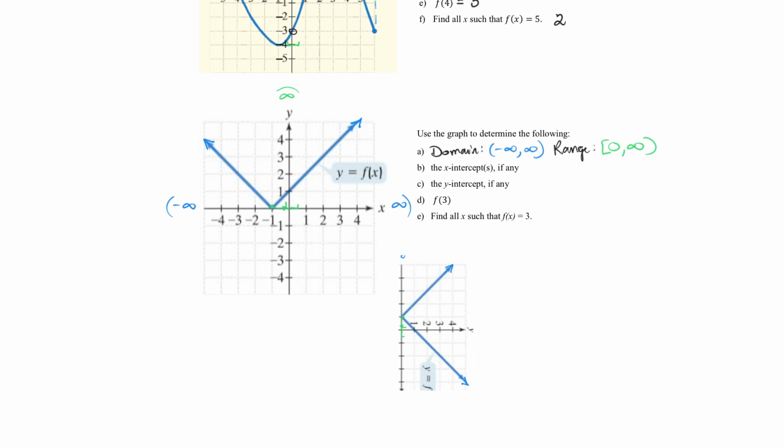X-intercepts, if any, there's one x-intercept at -1. Y-intercepts, if any, there's one y-intercept at +1. F of 3 is equal to 4. And all values of x such that f of x, or y, is equal to 3, I'm going to put a horizontal line through y equals 3.